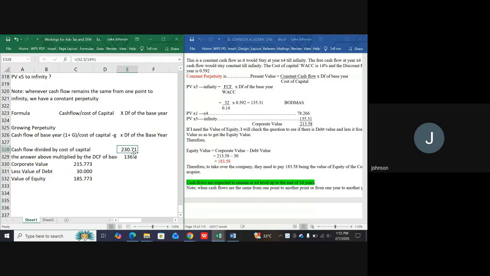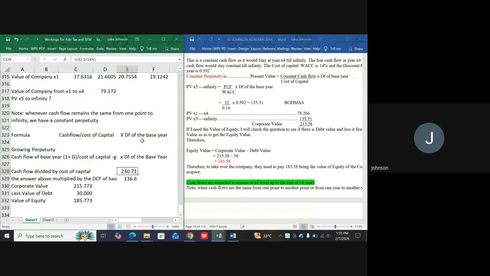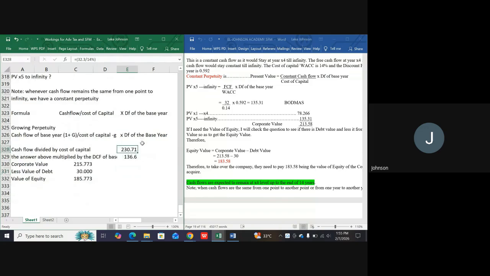Okay, so this is what we did, and it's surprising. Let me explain something to you. If you take 14% and you say 14 divided by 100, what will you get? That is 0.14. Fine.